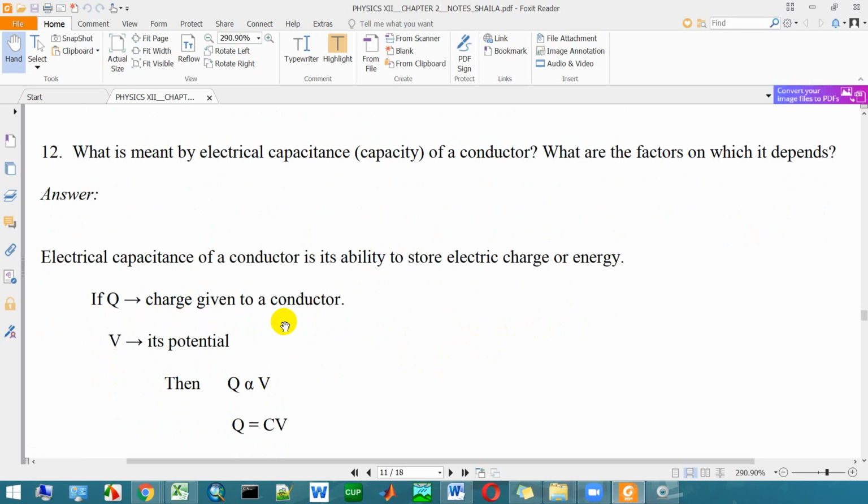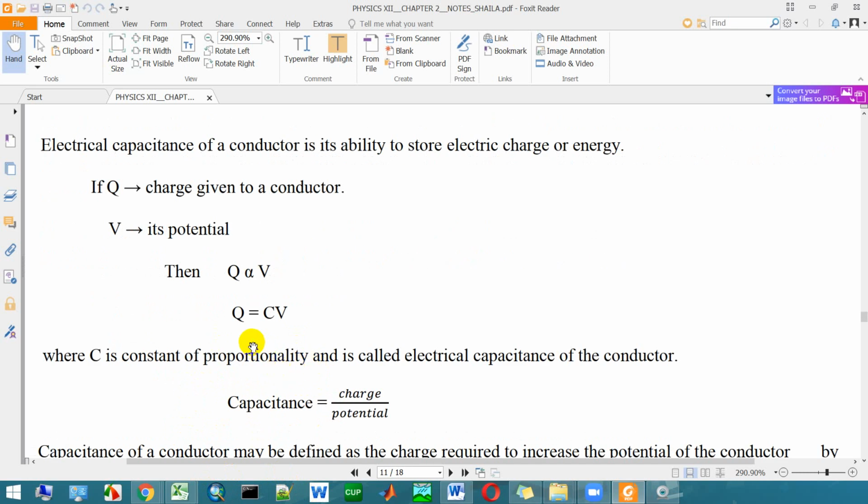So if Q is the charge given to the conductor and V is its potential, then the formula for the capacitance, that is, the principle of the capacitor, is that Q is proportional to V, or Q is equal to C into V. So what is the C known as?